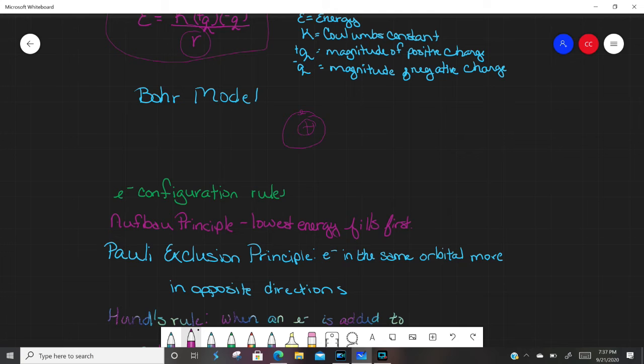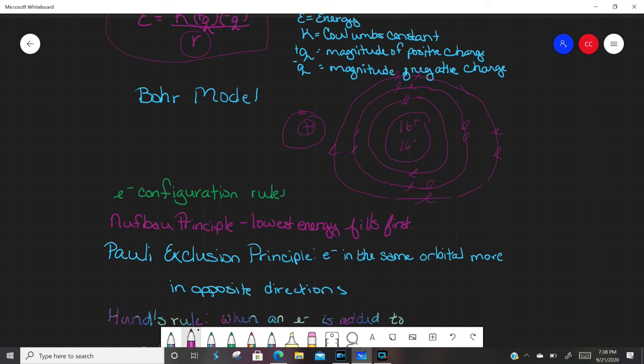If I had sulfur, sulfur has 3 energy levels, and it has an atomic number of 16, so it has 16 pluses, and it also has 16 neutrons, and then the first has 2 e's, the next one has 8 e's, and the last one has 6 more e's. Six. And there's the Bohr model.